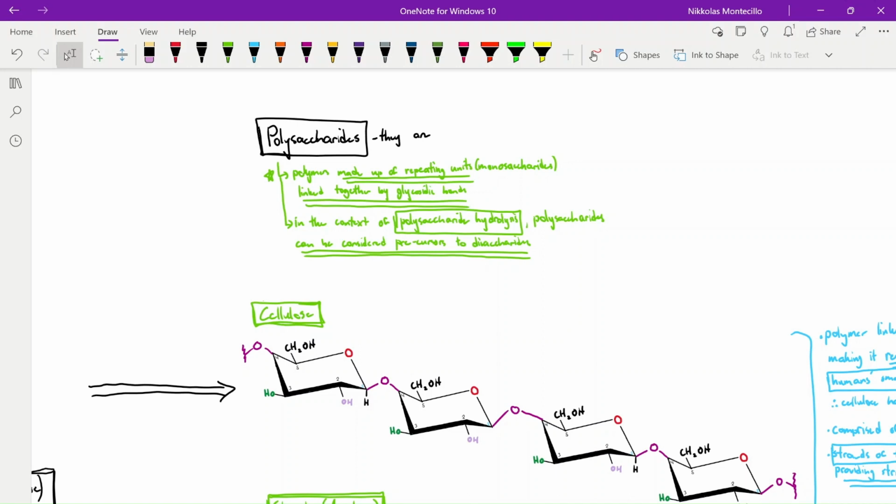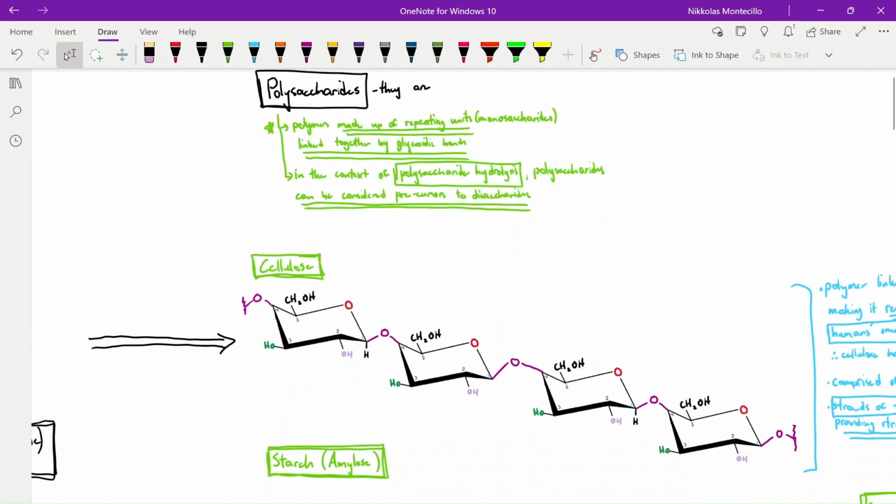In the context of polysaccharide hydrolysis, polysaccharides can be hydrolyzed to form smaller units of polysaccharides, eventually leading to disaccharides and then monosaccharides. Polysaccharides can be considered precursors to disaccharides.